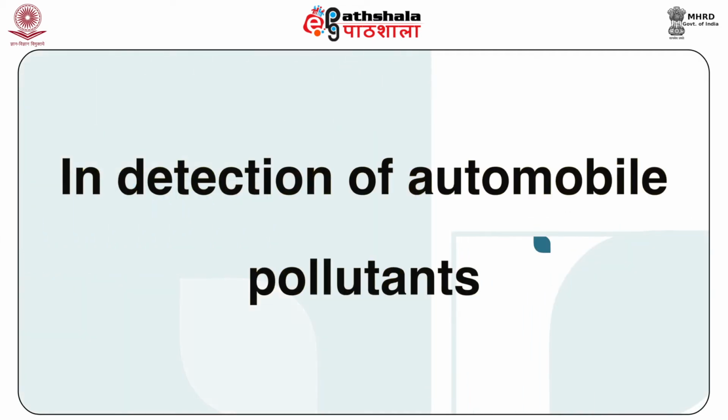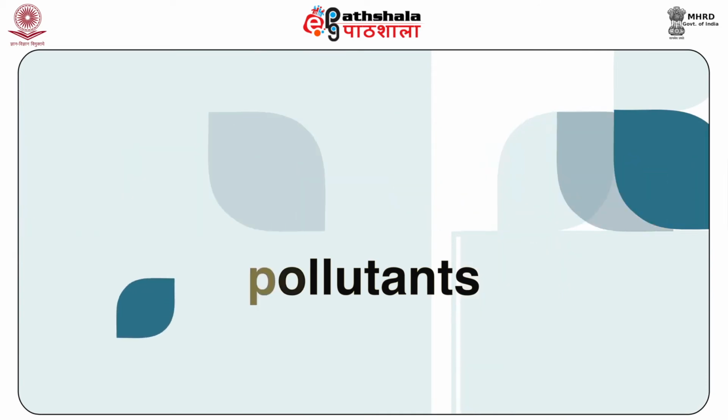Next application is the detection of automobile pollutants. The exhaust from poorly maintained automobiles generally contains carbon monoxide and hydrocarbons as 2 major pollutants. These 2 pollutants are detected by remote sensing, which consists of an IR radiation source on one side of the road, and the absorption of carbon monoxide happens at 2170 cm⁻¹, and hydrocarbons lie in the range of 3000 to 2800 cm⁻¹.